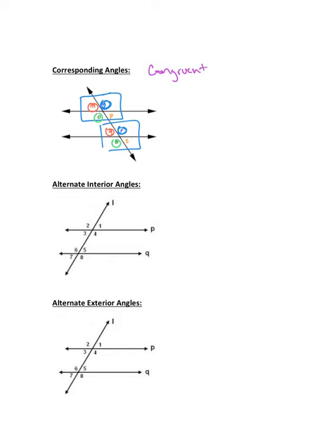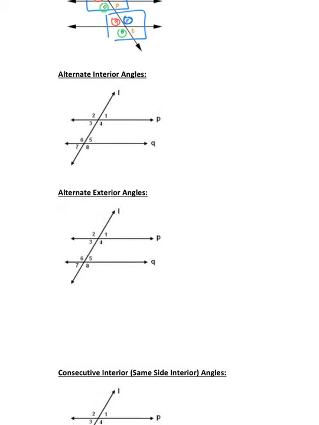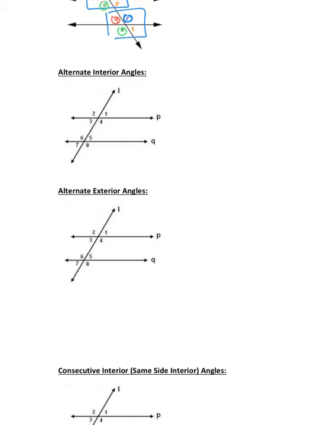Alternate interior angles means that they are on the inside of the parallel lines, and they are on alternating sides. So alternate interior angles would be like angle 4 and 6. They're on the inside of the parallel lines, and they're alternating sides. Or angles 3 and 5 are also alternate interior angles. They are also always congruent.